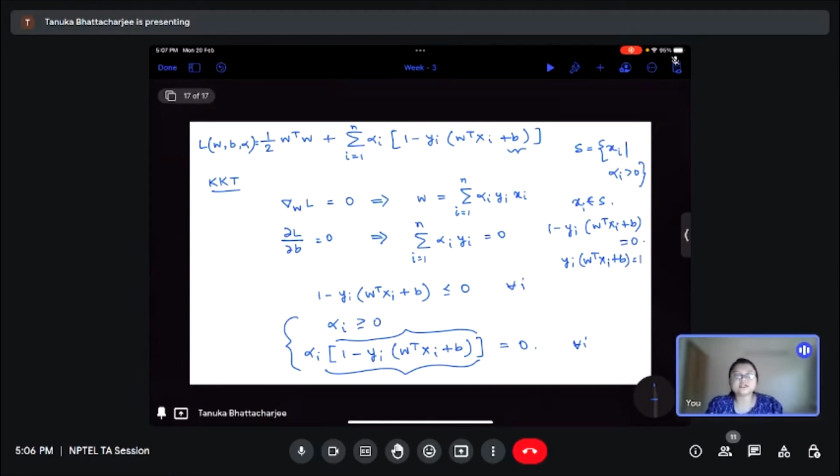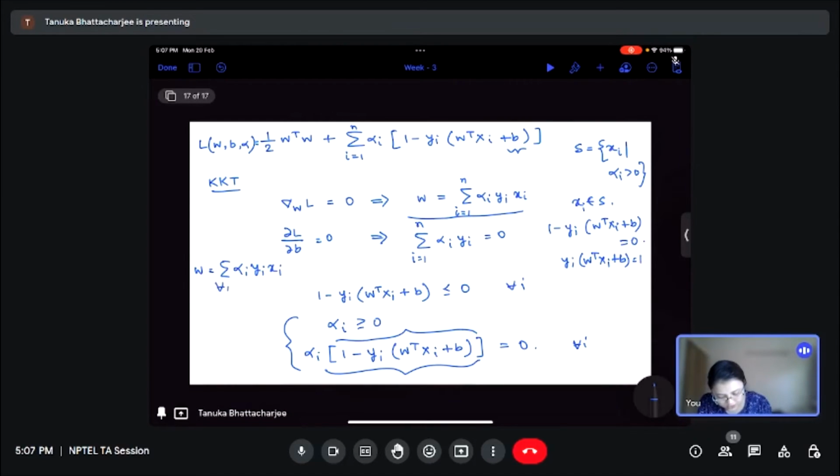So when does that happen? It is equal to 1 at the boundaries. So these are basically the support vector points. So for those points we can see that you will have alpha i greater than 0, and if you put that in your final w condition, you have the sum of alpha i yi xi.